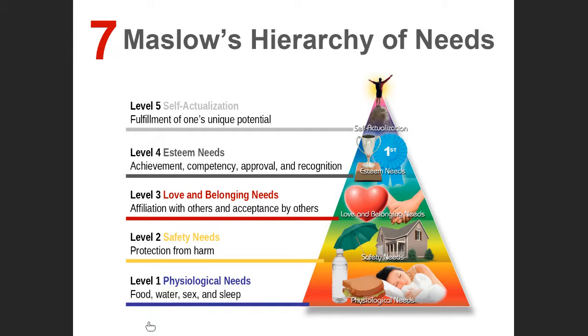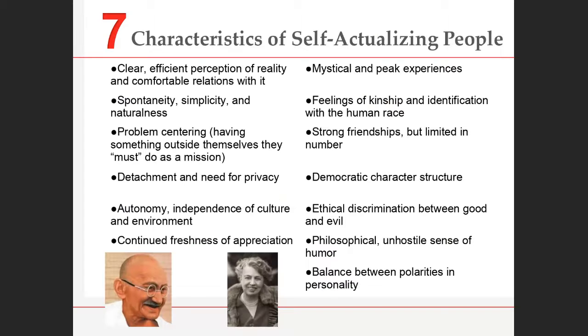So just to talk about what he meant by a self-actualized person, here are the characteristics that he said people who are self-actualized exhibit. One of the interesting ones is mystical and peak experiences, which are especially spiritual experiences that self-actualized people exhibit. And he studied historical figures in his research about self-actualized people.